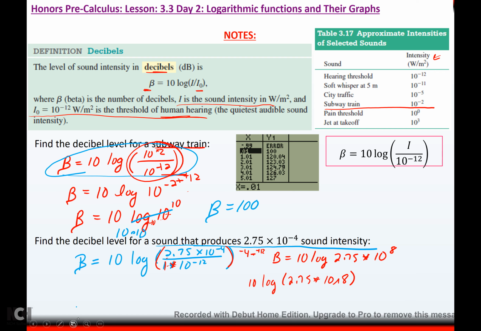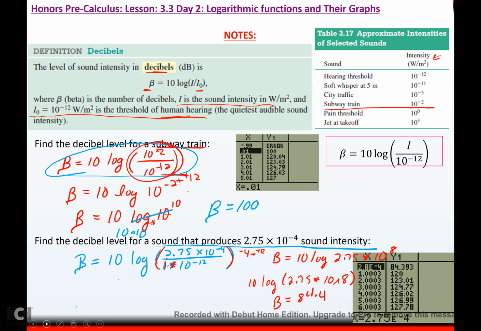Let me check it to make sure: 10 times log of 2.75 times 10 caret 8, and you get decibels are 84.4 if you round. Or I could go graphically: I typed this function in, set my table to look at 2.75 e to the negative 4, and I get the same answer.